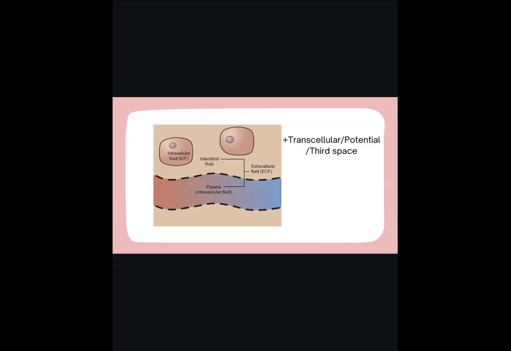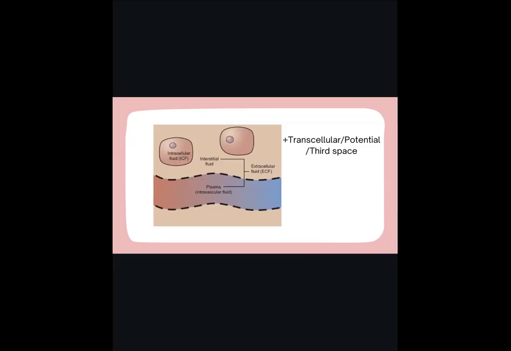Talking about hypertonic and hypotonic solutions and what that does to cells: if you have a cell in a hypertonic solution, meaning there are more solutes in the fluid outside the cell than inside, that'll cause the cell to shrink due to osmosis. The fluid is going to seek the higher solutes, so it will flow out of the cell into the fluid around it, and the cell will shrink.